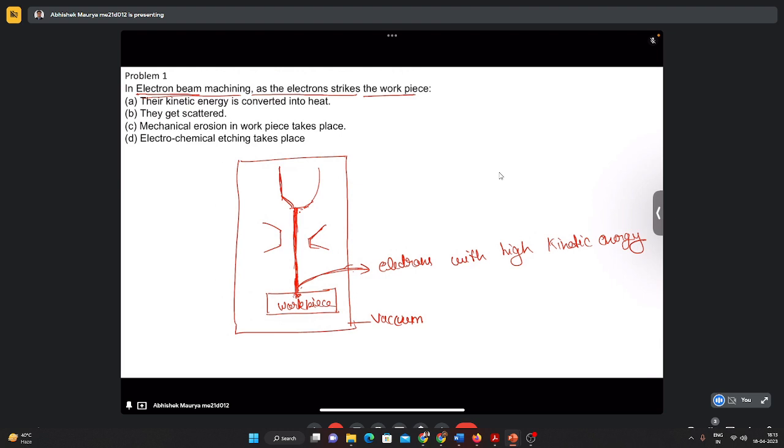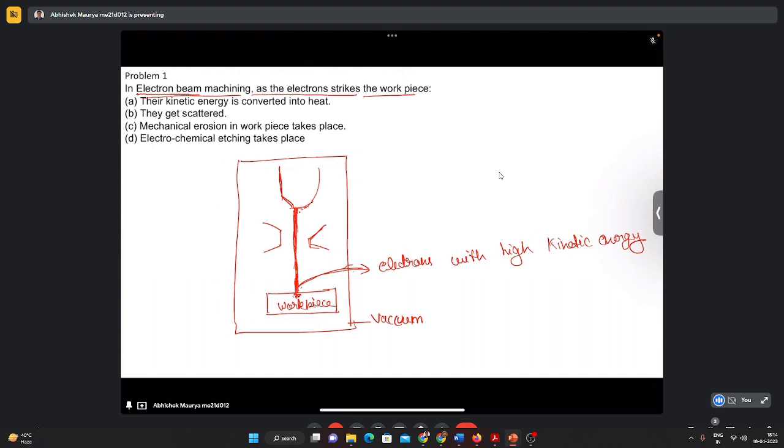But here the only problem is that we cannot use it for high material removal processes. It is used to create some complex shapes, which are very difficult to make with other manufacturing processes, and this process is a very high energy consuming process.